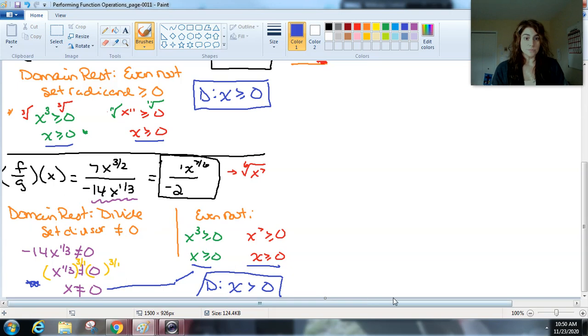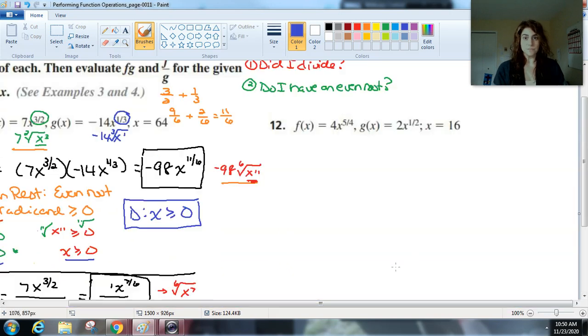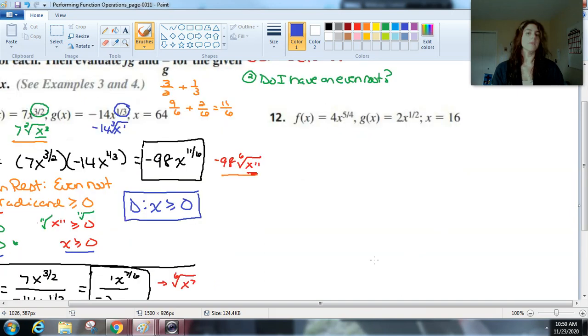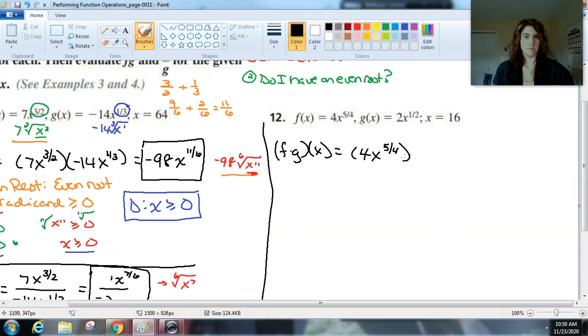All right, so let's try one more with our dividing and our multiplying. So again, if I take a look at these 2, put a line down here, and start by multiplying. Again, I'm going to keep in mind what these actually represent. This represents the 4th root of x to the 5th, and this one here represents 2 square root of x.